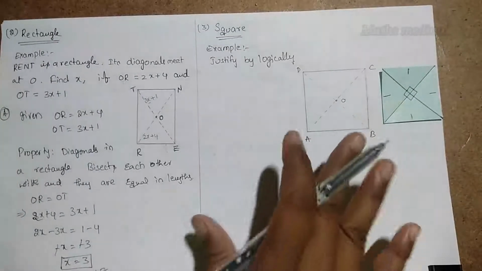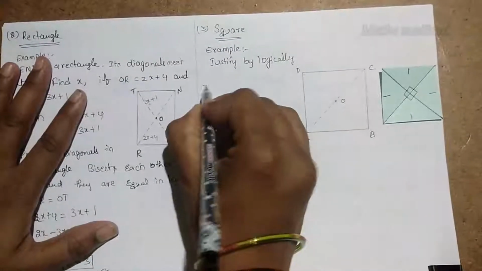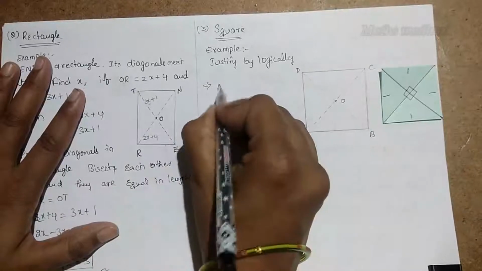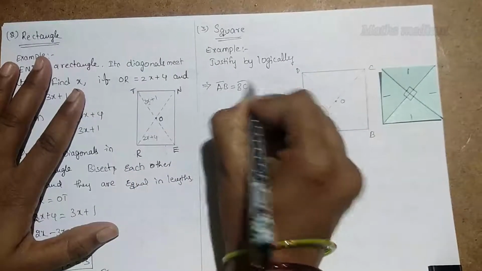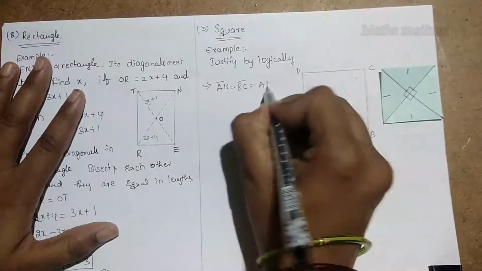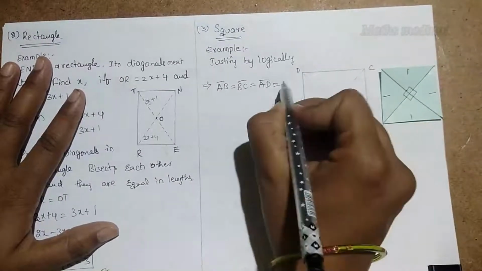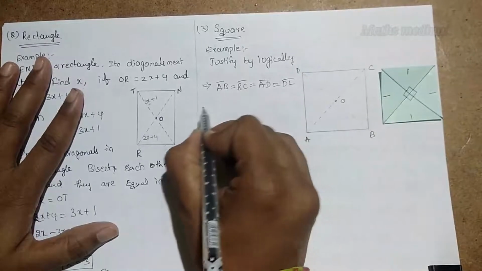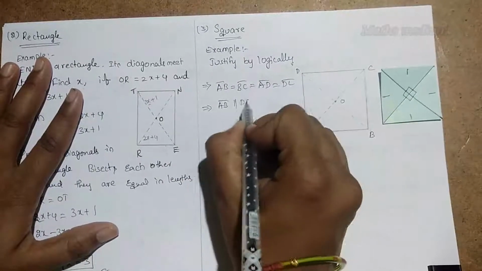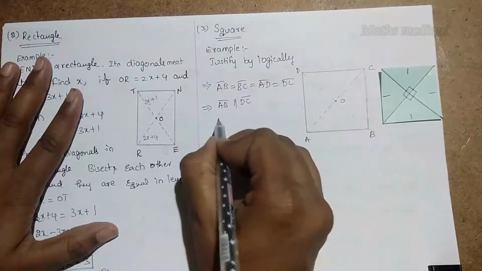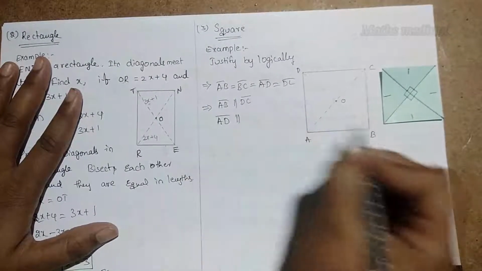So we have to justify this. We have to justify all sides equal. So AB bar is equal to BC bar and AD bar is equal to DC bar. Apart from that, AB bar is parallel to DC bar and AD bar is parallel to BC bar.